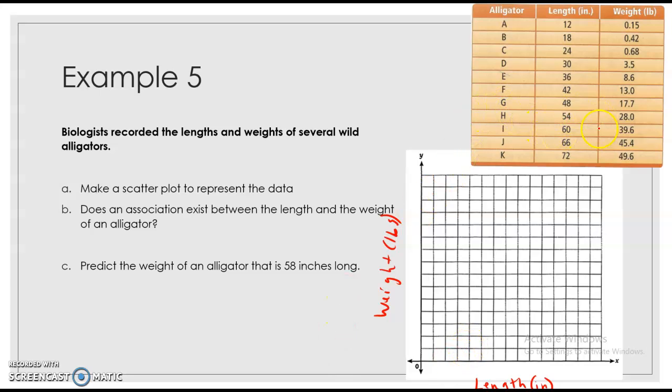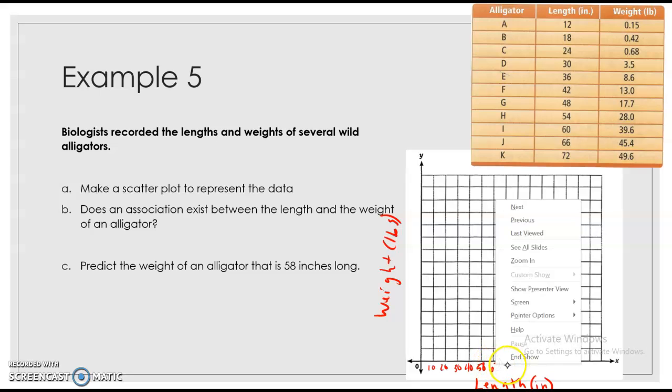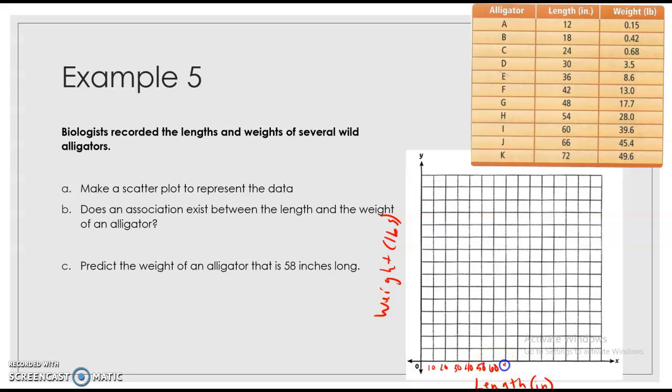Looking at our numbers, length is going from 12 to 72, so I'm going to count these by 10. 50, 60, 70. I'm just going to stop at 80 because I know we don't go beyond 80.